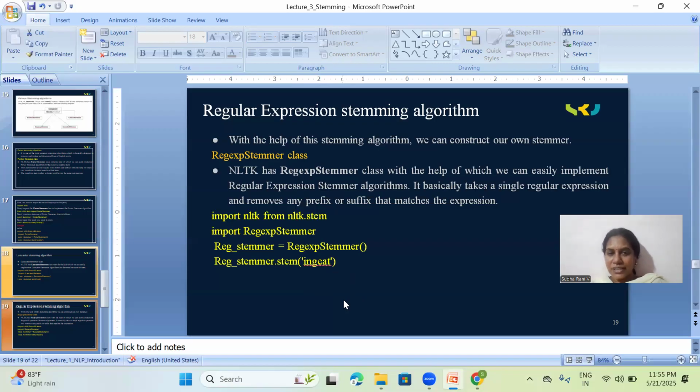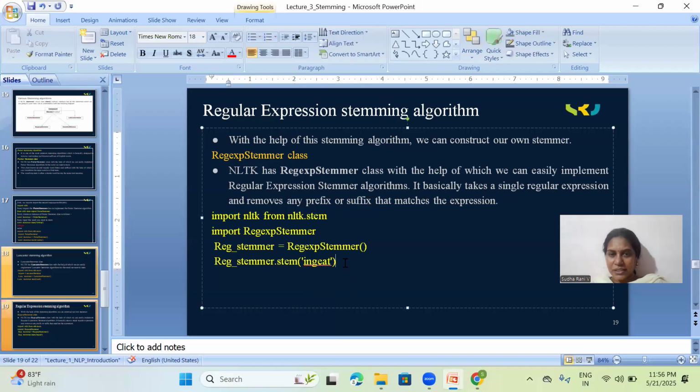In reverse, if you write "eating", this is a suffix, and the other one was a prefix. If you give a suffix also, whether it is a prefix or suffix, it will remove it and simply generate the root word as eat.